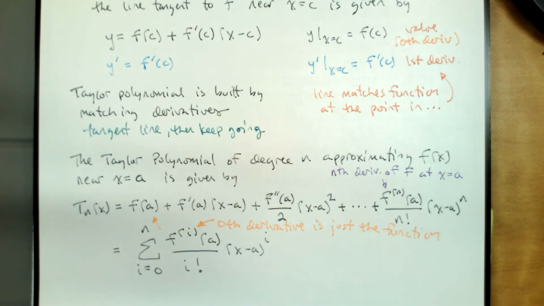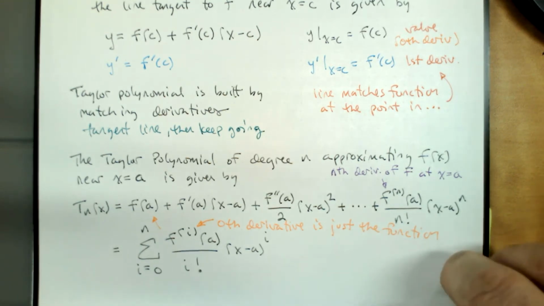Remember the specs that we want. I want the nth derivative of T_n of x to be the value of the nth derivative of the function.